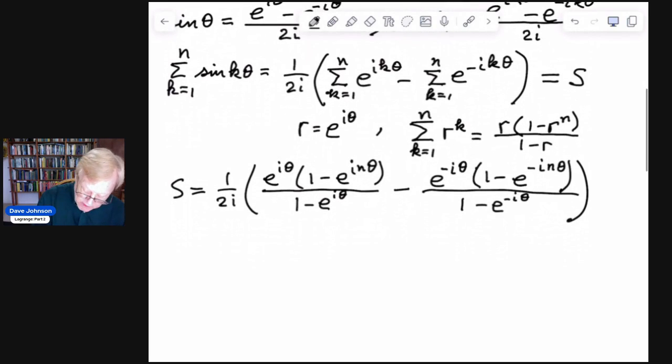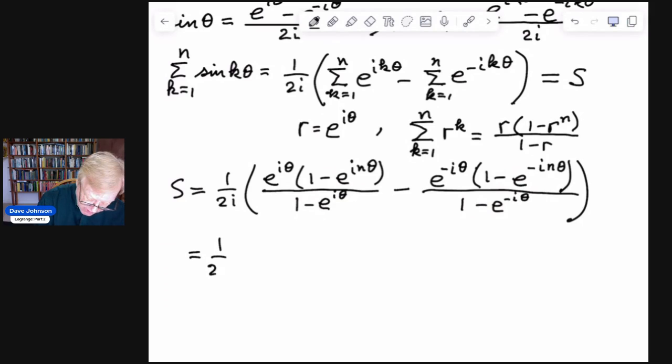Okay, so now the problem is we got this denominator and this denominator, and they're not quite the same. And rather than multiplying them together and simplifying and so on, there's a trick which can be used. If I multiply top and bottom of this expression by e to the negative 1/2 i theta, and top and bottom of this expression by e to the positive 1/2 i theta, I can turn them into basically the same thing downstairs. So let me go ahead and do that.